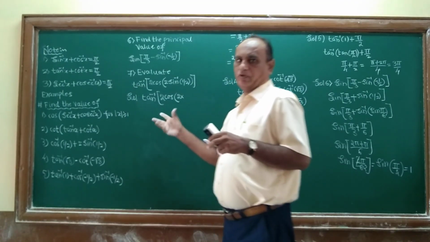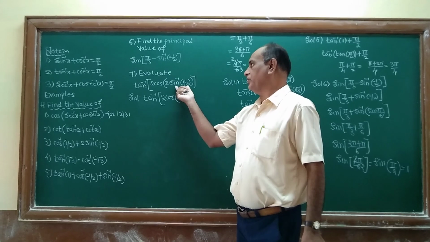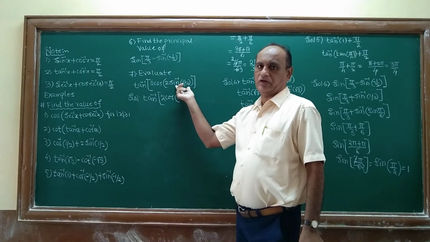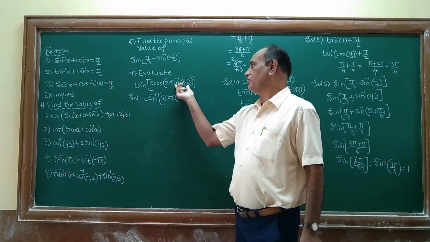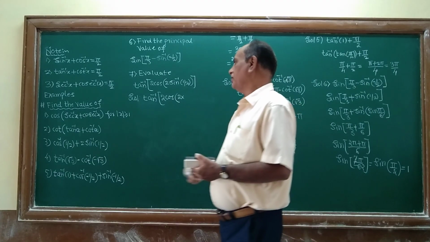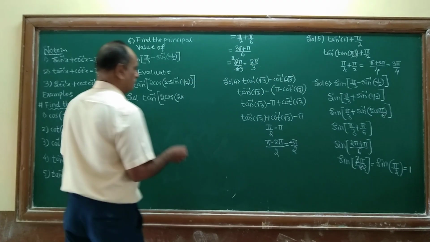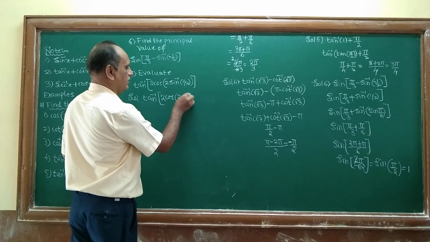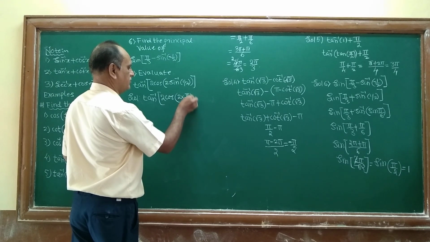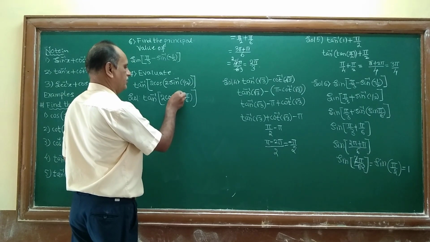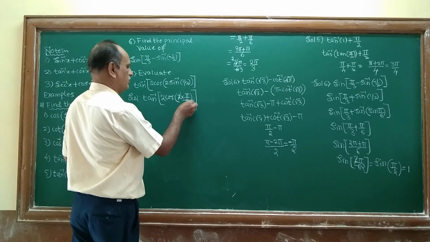If there is a problem of this type, you can write directly the principal value of sin inverse of 1 by 2. Write the angle: sin inverse 1 by 2 is pi by 6. Two ones are 2, two threes are 6.